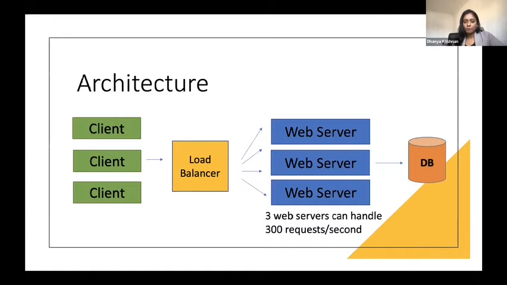But if you look, you have handled the traffic now by replicating servers, but now your database is acting as a single point of failure, because when you have more web servers and you have decided to handle more requests, the database is just a single one. So all the requests from all these 3 web servers would now be coming to the database.